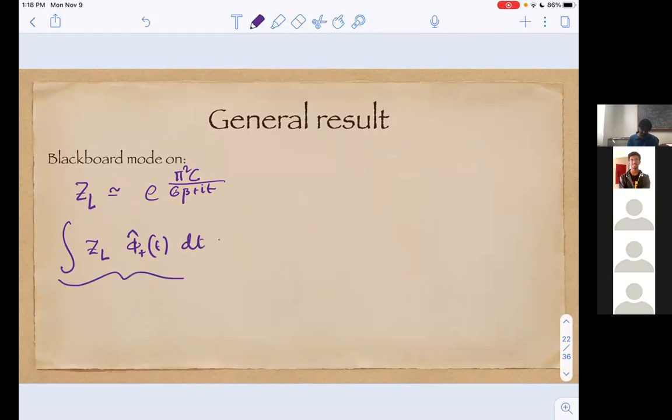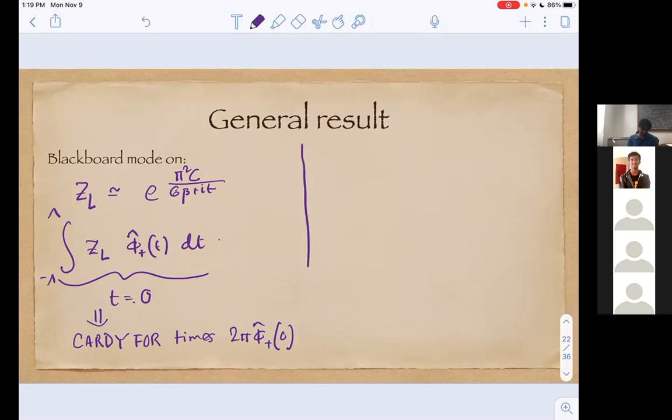One can show that this light part integral, which goes from minus lambda to plus lambda, is dominated by t equals 0, and this gives you the naive Cardy formula times twice phi hat plus of 0, which comes from the fact that I have t equals 0, so I just plug in this value here. And then I have the heavy part.